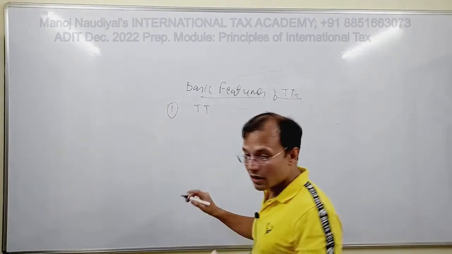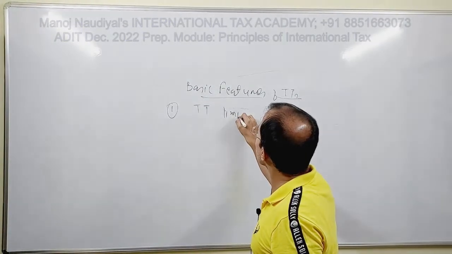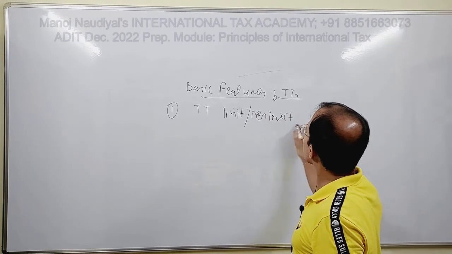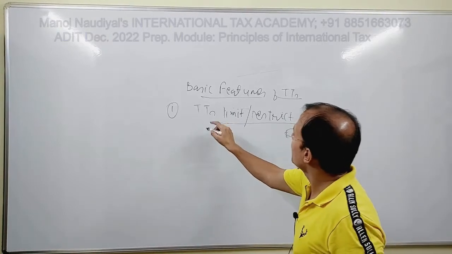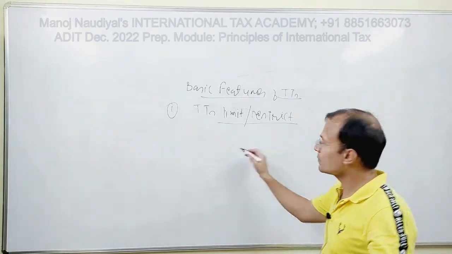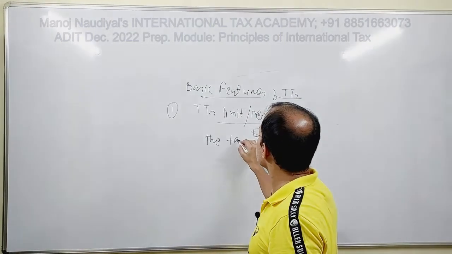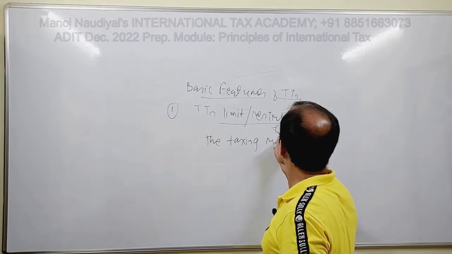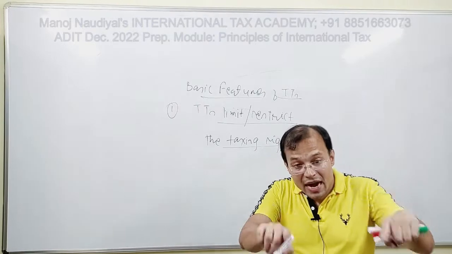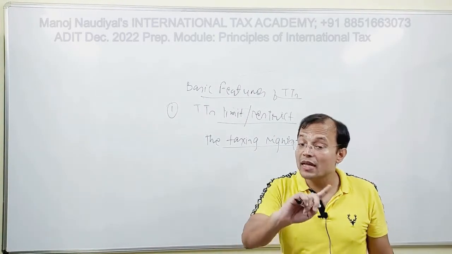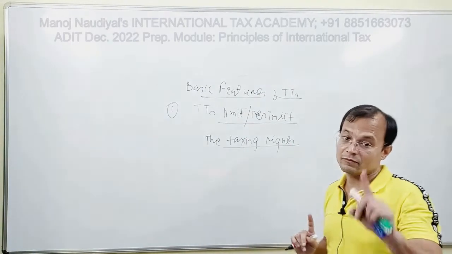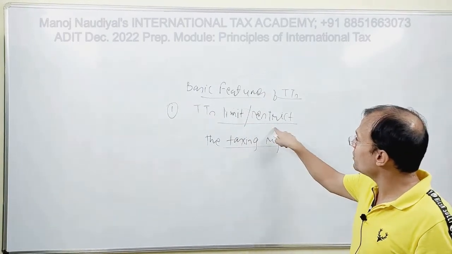Tax treaties limit, very important, or restrict the taxing rights. Tax treaties, they don't create taxing rights, they limit taxing rights. Very important. Tax treaties limit or restrict the taxing rights.